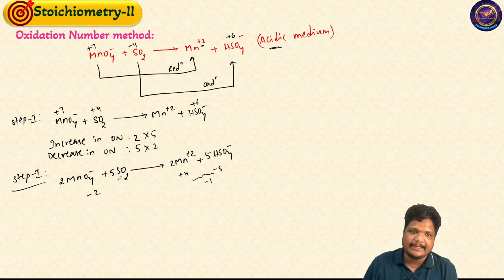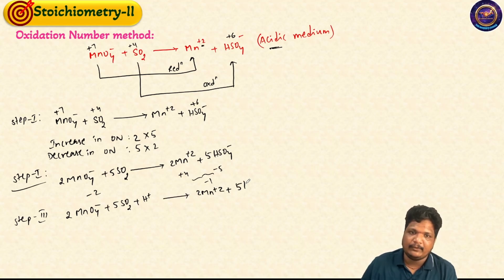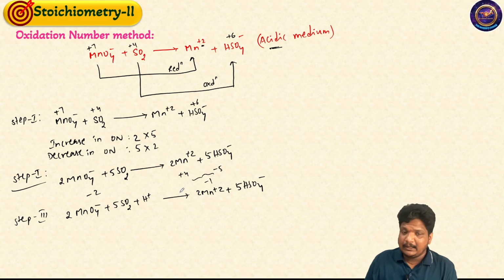By adding one H plus ion on the left side, I can balance both the charges. So in step 3, I can balance the charge: 2MnO4 minus plus 5SO2 plus H plus gives rise to 2Mn2+ plus 5HSO4 minus. Now you have to balance the oxygen atoms.